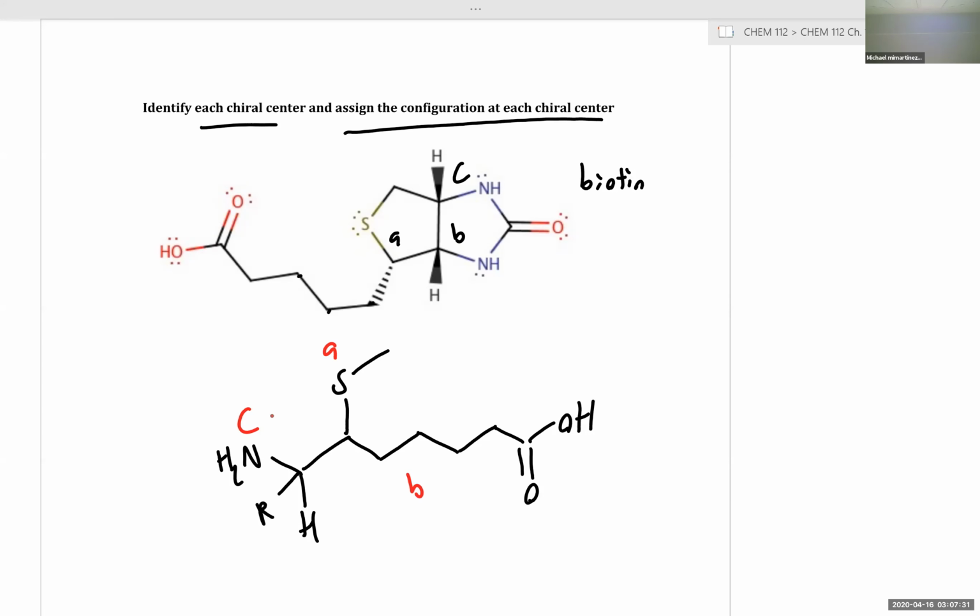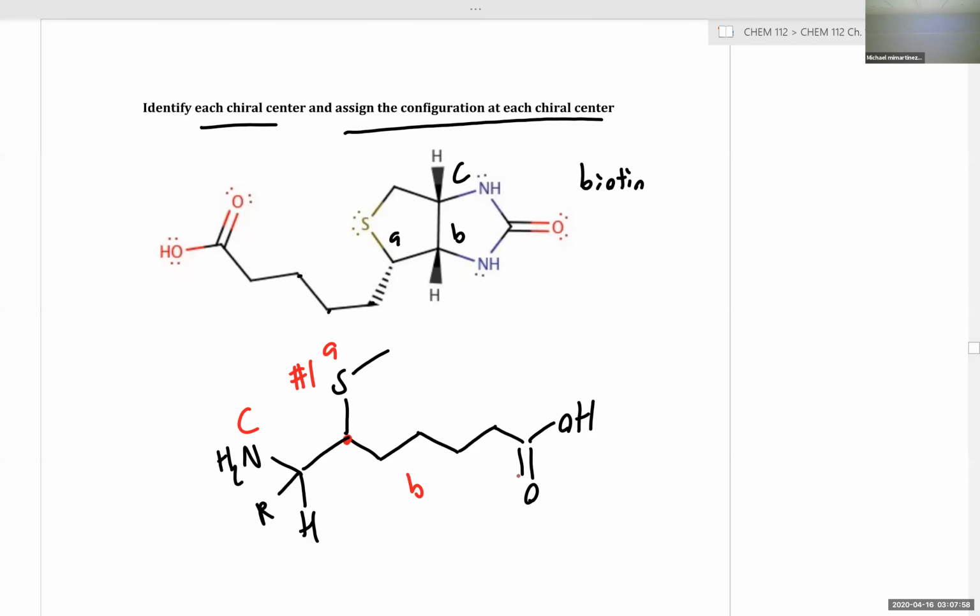Which group has an atom directly attached to our chiral center with the largest atomic mass? I'm not asking for the configuration yet, just the which. Oh, sulfur. Yep, I see what you're saying. The sulfur gets priority 1. Yep, exactly right.